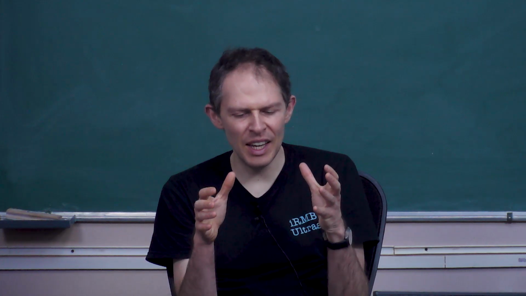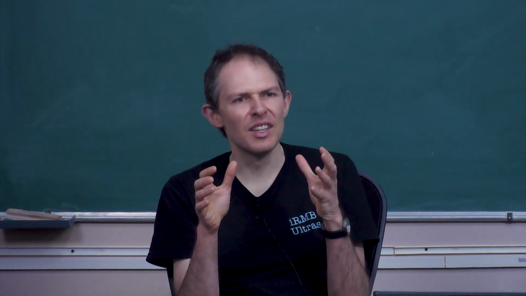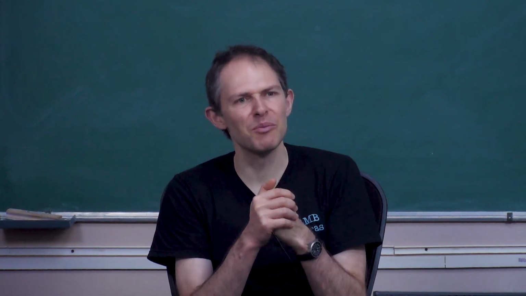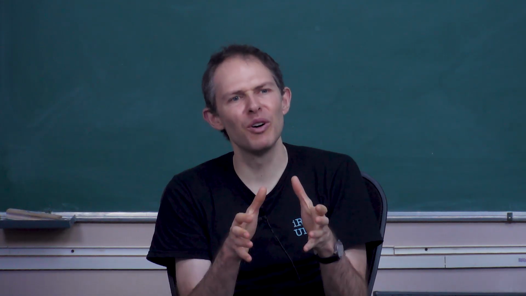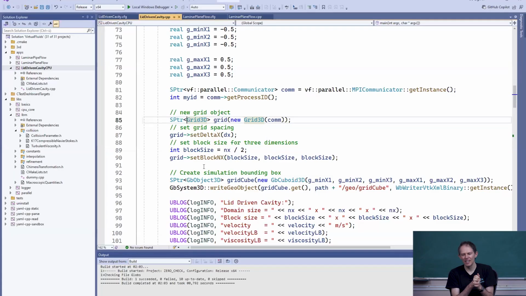So in VirtualFluids, the blocks are all of the same size. There are other open source Lattice-Boltzmann solvers that have flexible block sizes, but here we go for homogeneous block size. And in this particular case, we set the block size to a cube.